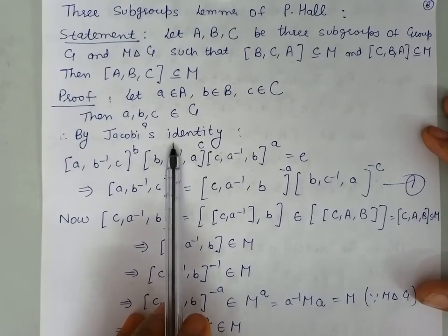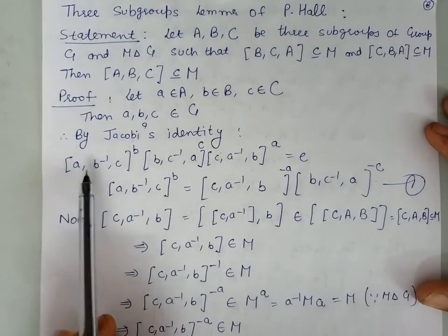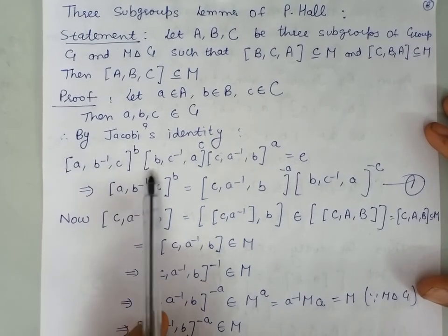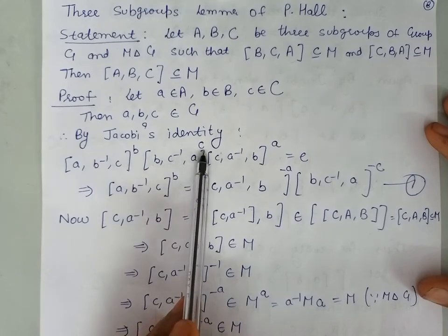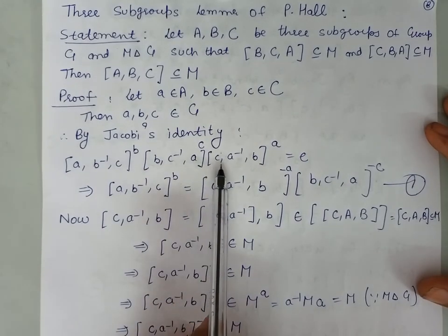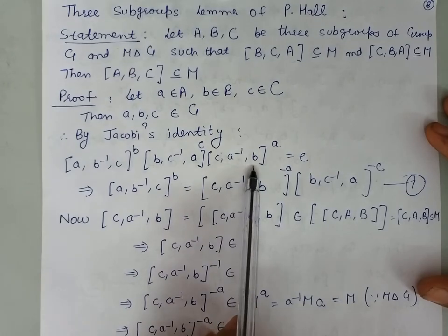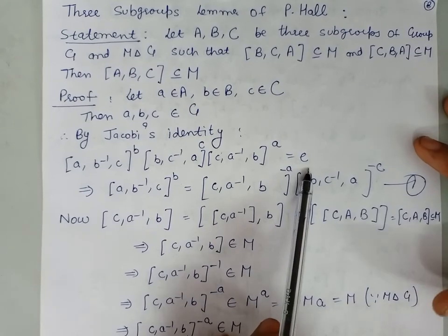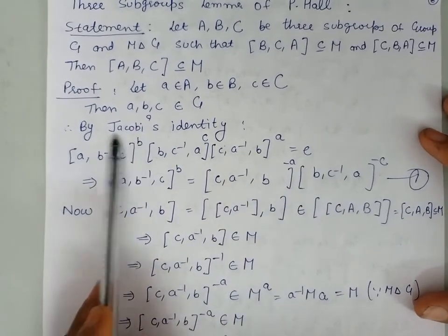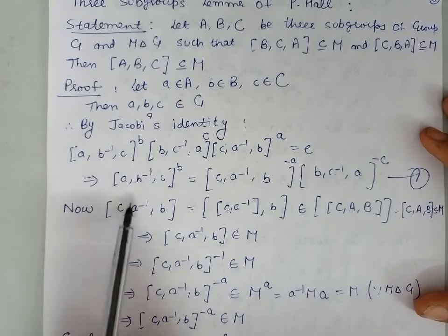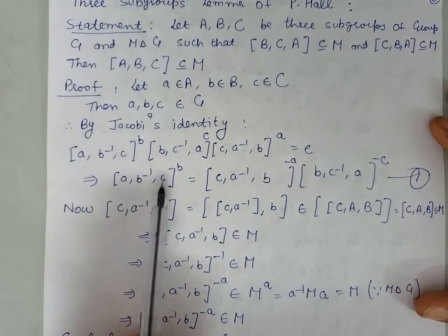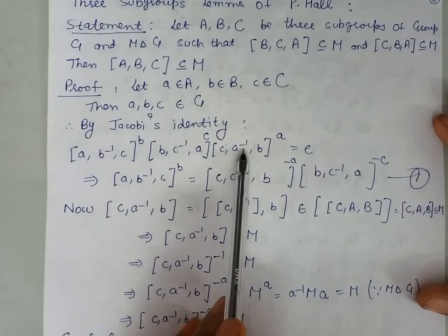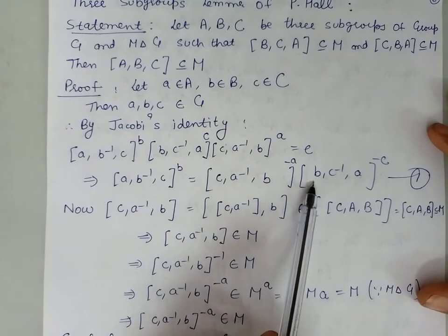So according to Jacobi's identity, the commutator of the elements a, b inverse, c in the power b, the commutator of b, c inverse, a in the power c, into the commutator of c, a inverse, b in the power a, the product of these three expressions is equal to identity. So from here we can define the value of this term, the commutator of a, b inverse, c with b in the power, that will be given by the inverse of this term into the inverse of this term.